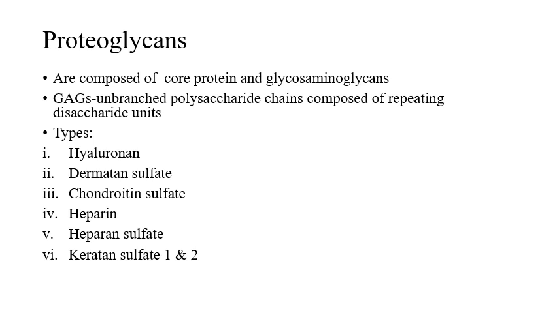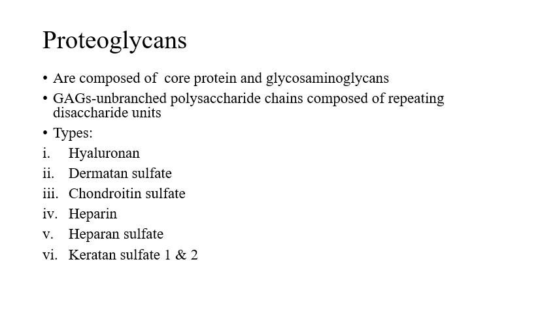Next one is proteoglycans. Proteoglycans are nothing but a combination of proteins with glycosaminoglycans. And the proteins which are associated with these glycosaminoglycans are called core proteins. And glycosaminoglycans are unbranched polysaccharide chains which are composed of repeating disaccharide units.